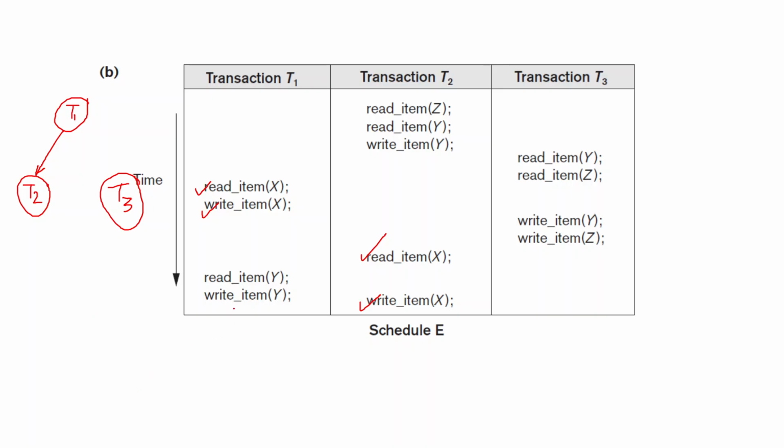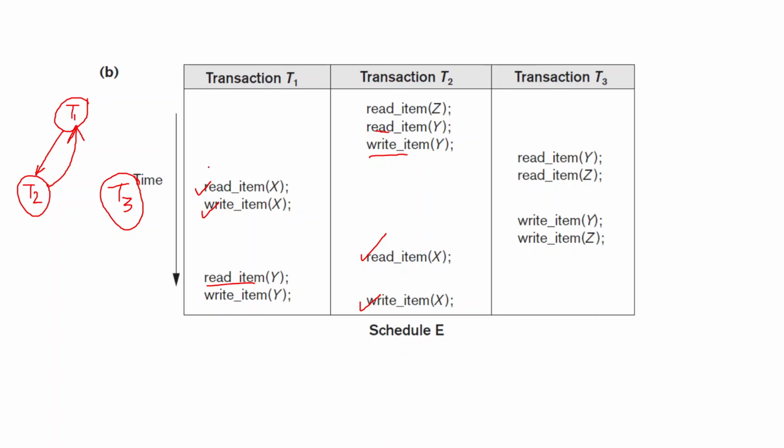But here, if you look at this, this is read item Y. Okay, there is a read item Y and the write item here. So since this is executed first, we have to draw from T2 to T1. Oh, okay, T2 to T1. We have to draw like that.